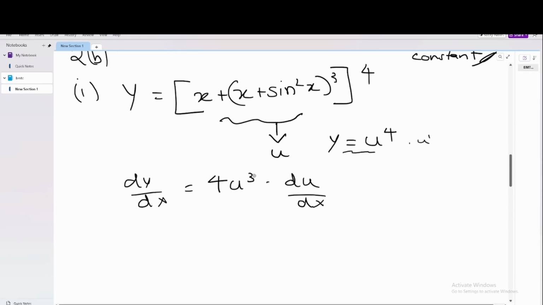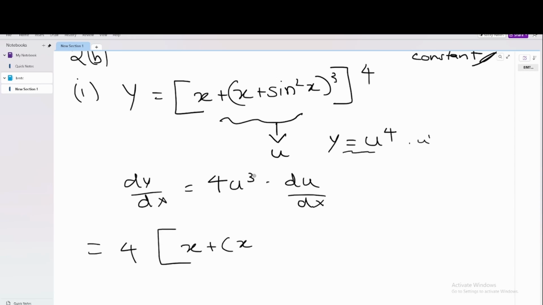Now put the values: 4u cube is (x plus sine square x) cube, all raised to cube, into the derivative of u.